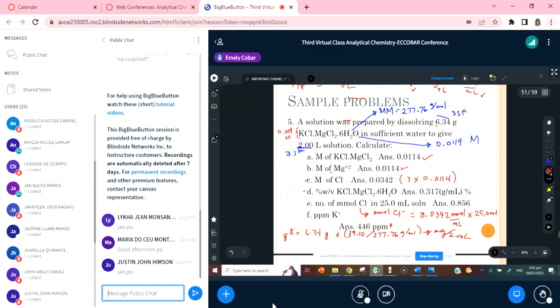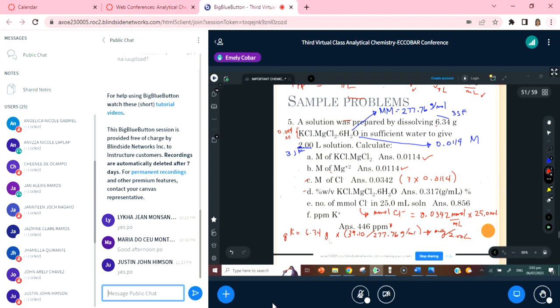Kailangang malaman natin, dito sa 6.34 grams of KCl·MgCl2·6H2O, kailangan makuha natin gaano kadami ang potassium diyan, di ba? So gagamit ka ng gravimetric factor ulit. So ano yung given natin? 6.34 gram of this whole thing.